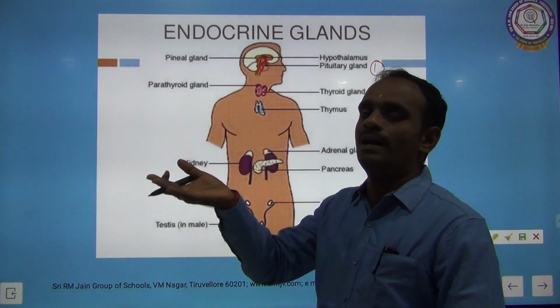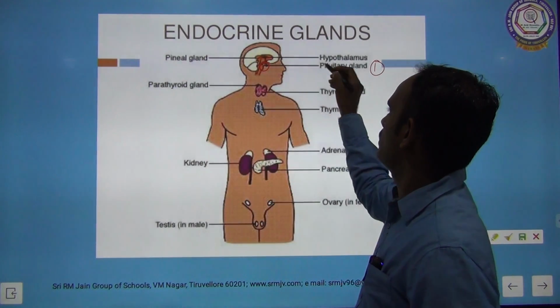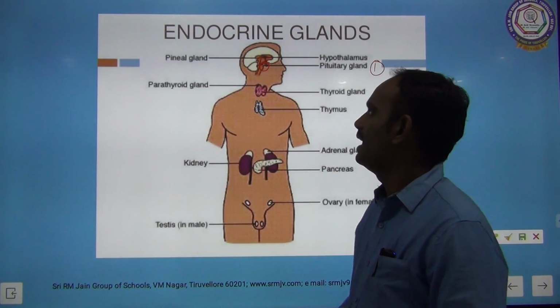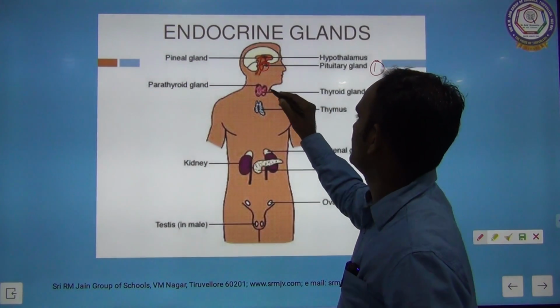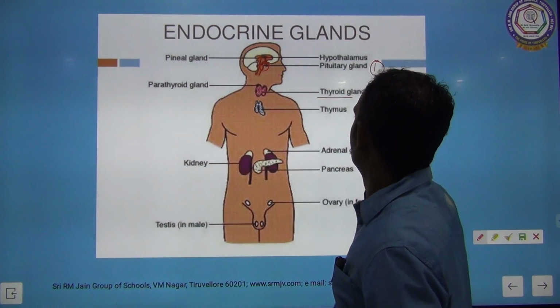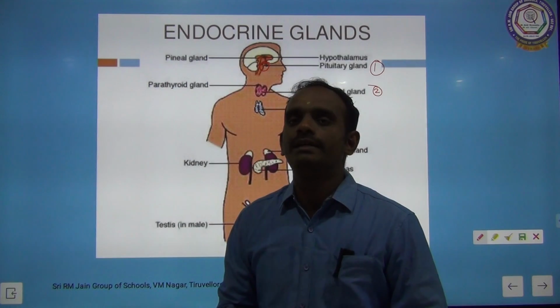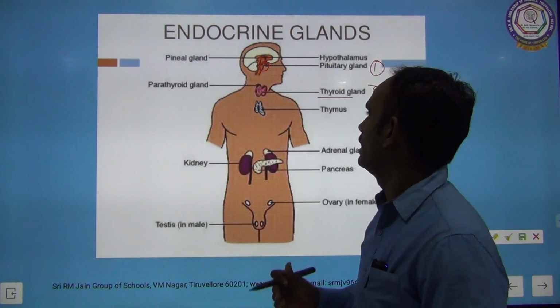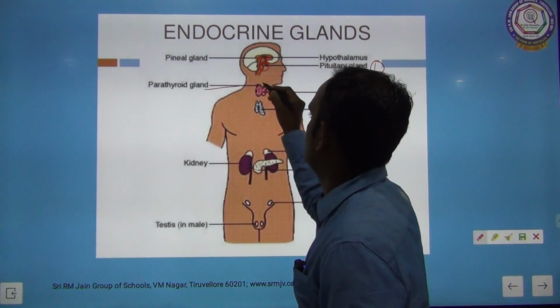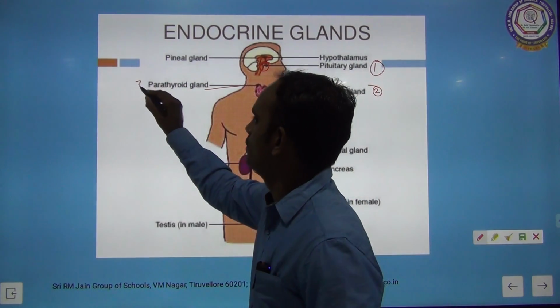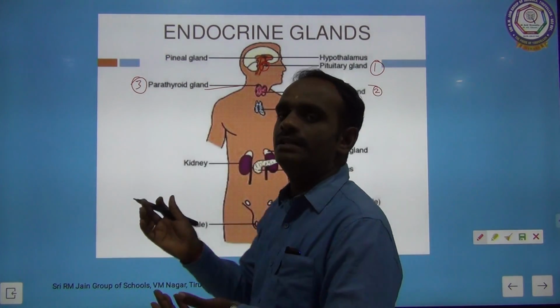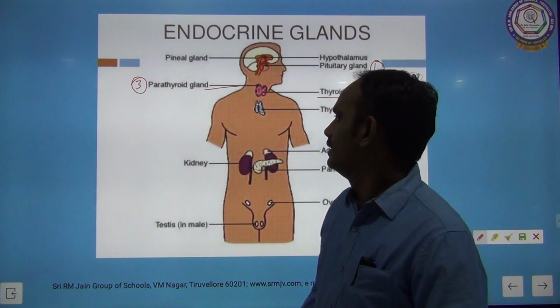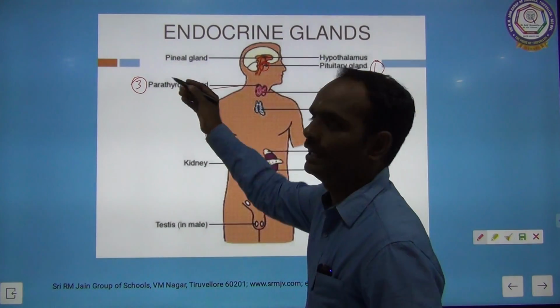Okay, the posterior part of the midbrain consists of the pituitary gland. And then the next one is thyroid gland. Thyroid gland is located in the neck region. And then parathyroid gland. This parathyroid gland is also present very near to the thyroid gland. The third one is parathyroid.